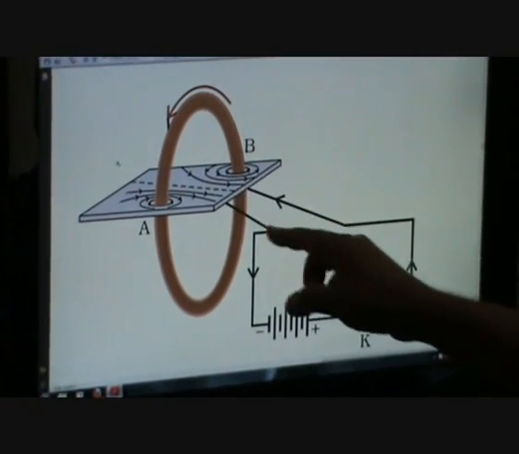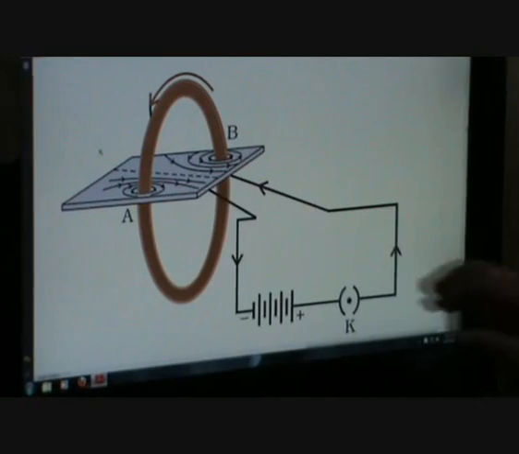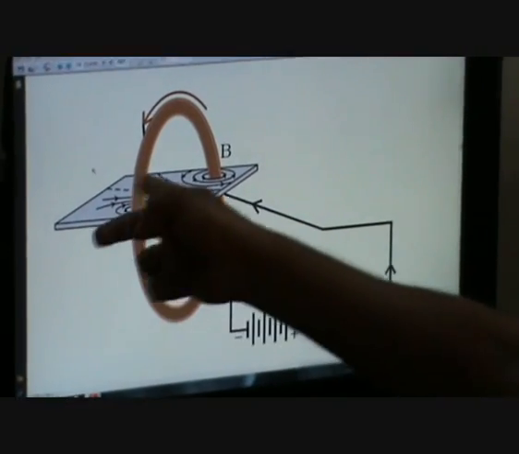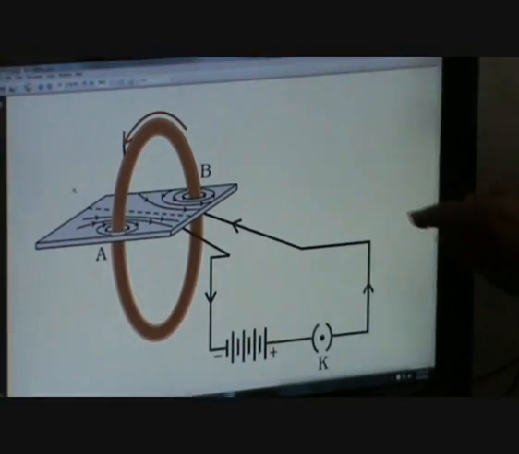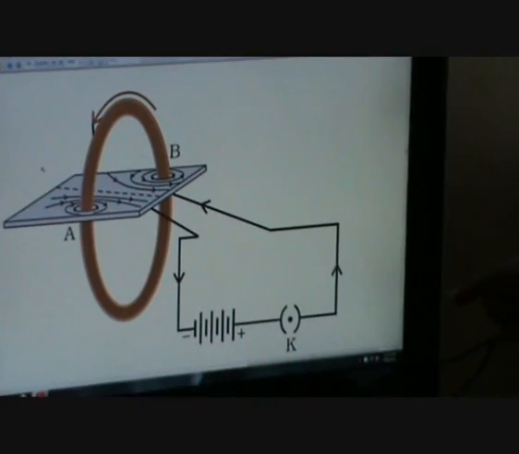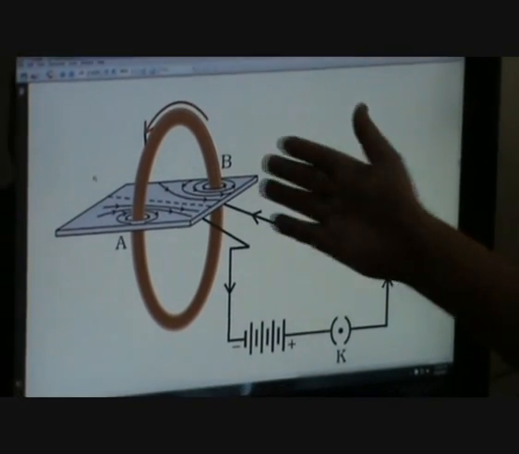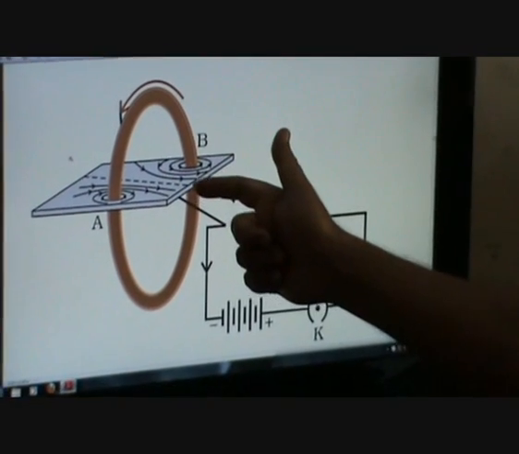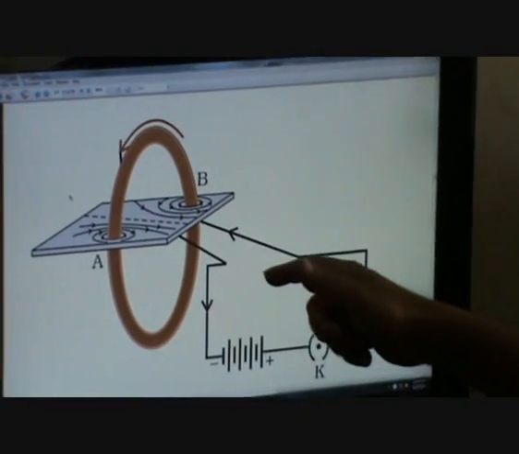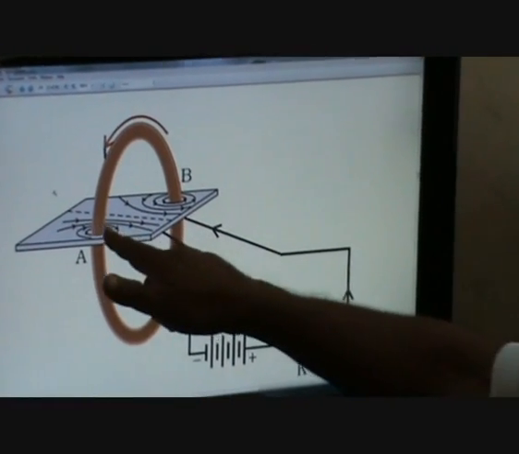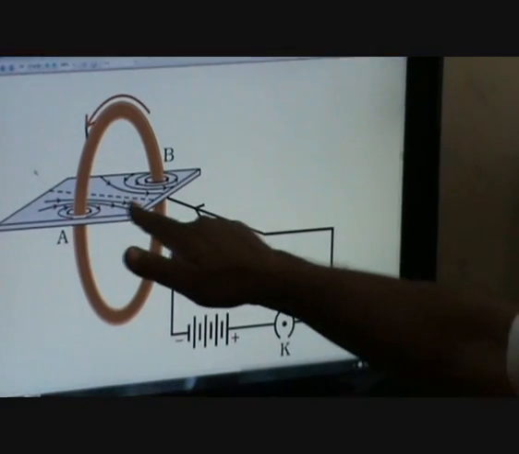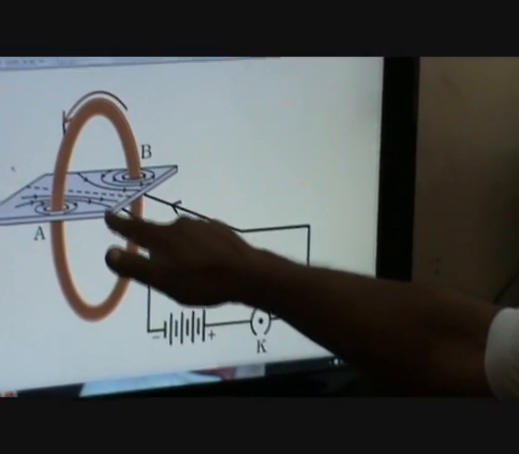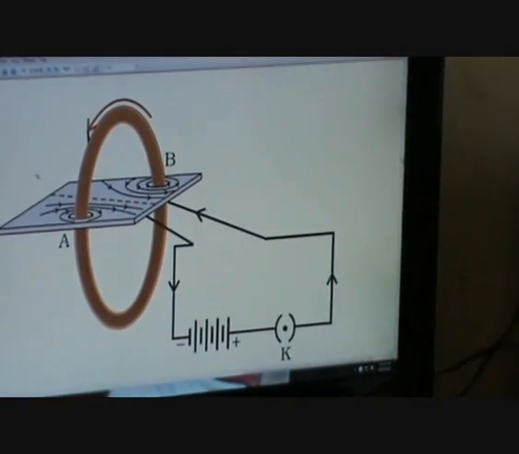So, arrow marks. One similarity you can find is that even here, when the field line is going inside the coil, the direction is inside only. Here also, when it is coming inside, the field lines are coming this way only. Now here at the middle, you can see that almost all the lines are more or less parallel.